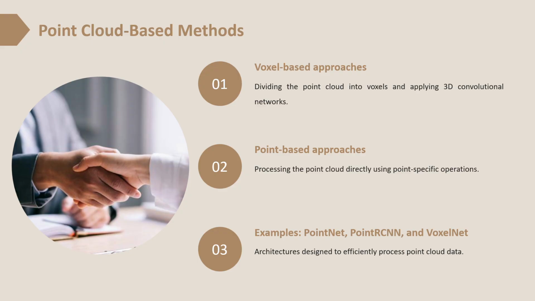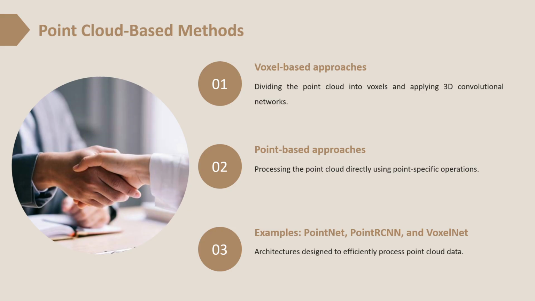Next, let us see what the 3D object detection techniques are. First we get the 3D data from either camera, lidar, or radar. Then we need to convert the data into structured data by applying different encoding techniques.